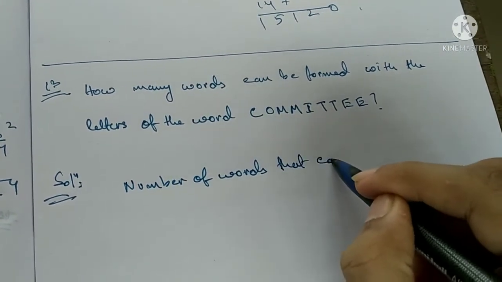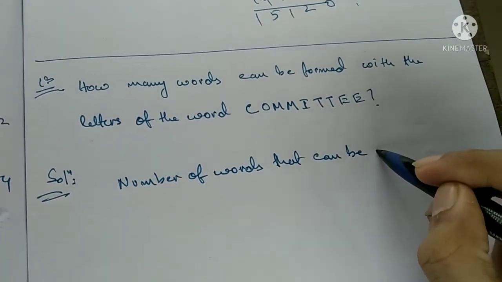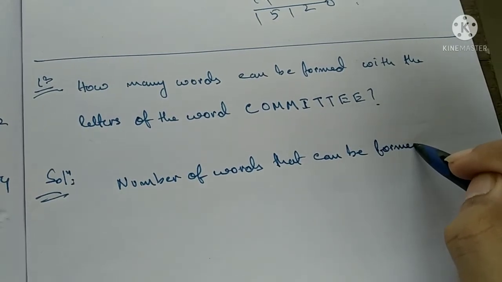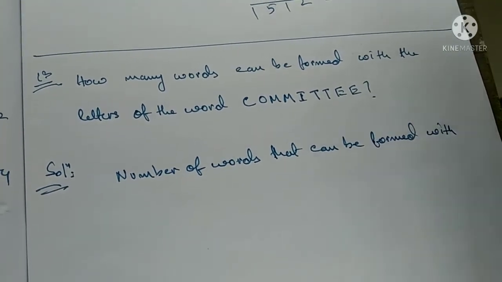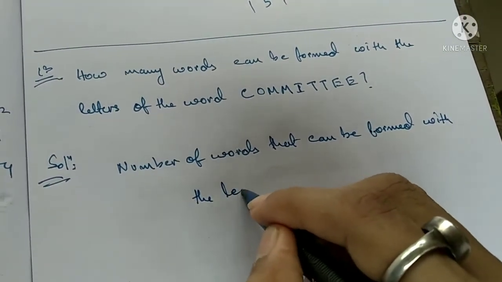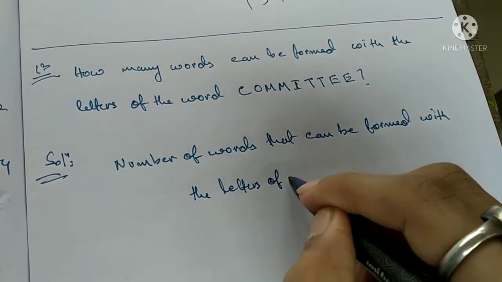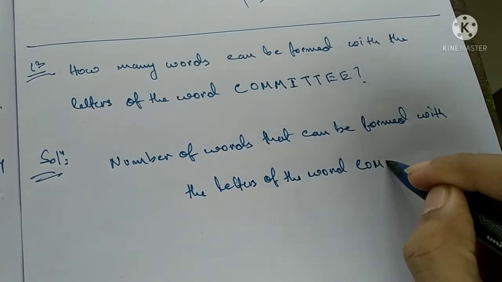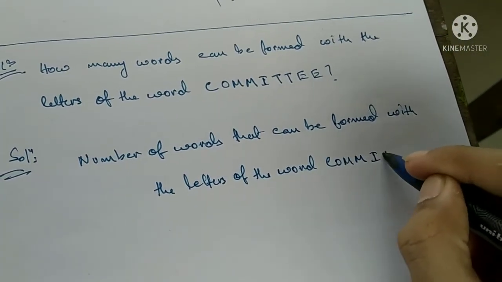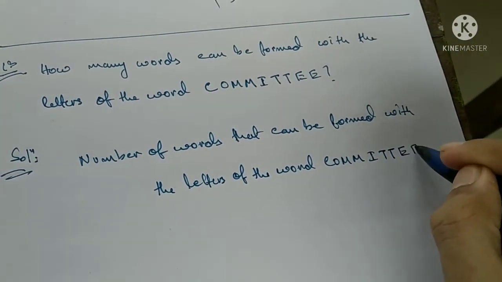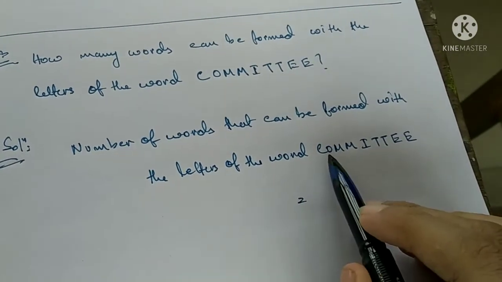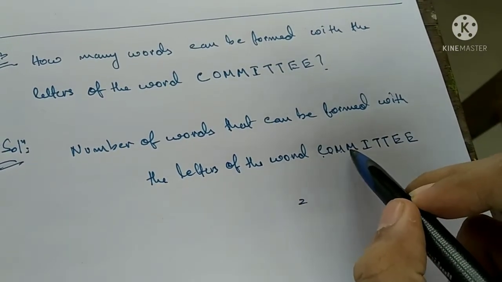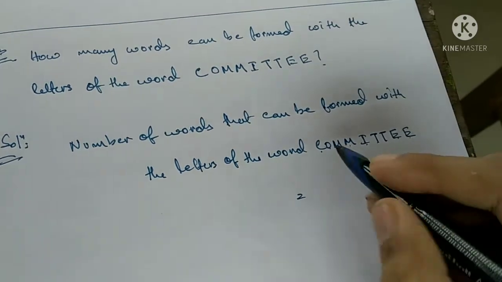that can be formed with the letters of the word committee. This will be equal to total letters 1 2 3 4 5 6 7 8 9.